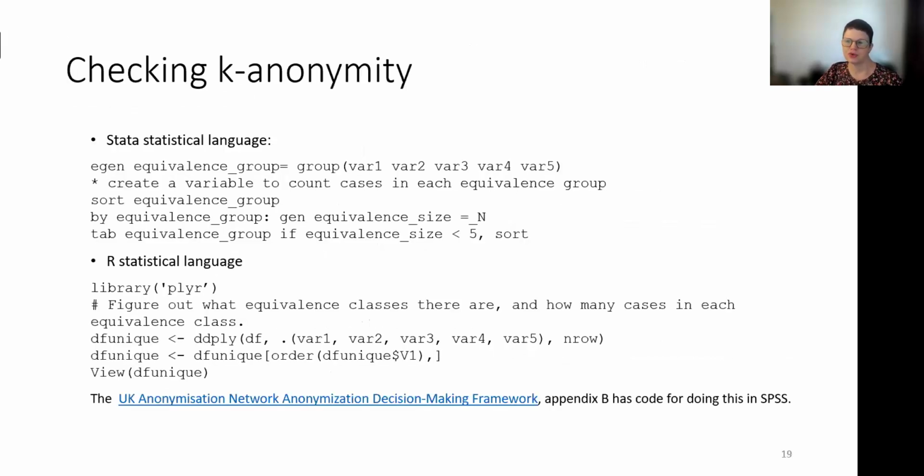In order to check k-anonymity, it's relatively easy to do that using standard statistical software. Even if most packages don't have built-in functions for doing so, I'm just showing you a couple of examples of packages I've used. The R statistical programming language is the one I'm going to be showing you later.